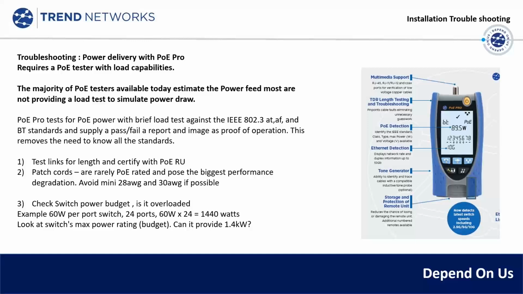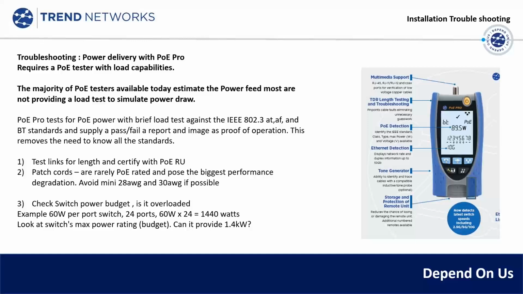Second part of just knowledge, as this is intended to be helpful knowledge for those in the industry. The second thing to know is when you are testing a link, always certify first and then do your PoE load test, but be aware of your patch cords.